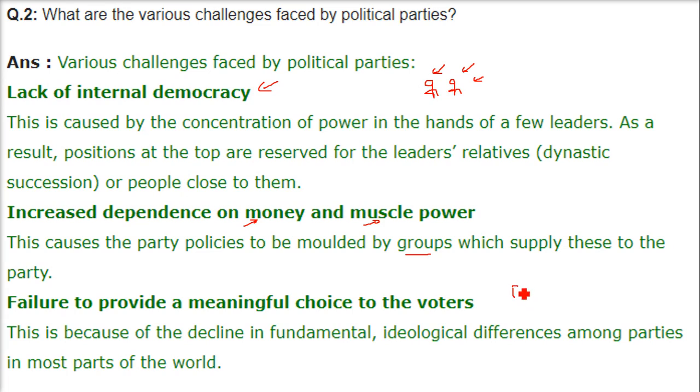Now party 1, party 2, a person is there to vote for them. If both the parties have almost similar ideologies, or their schemes or their policies have little difference, then a meaningful choice is not provided to this prospective voter.